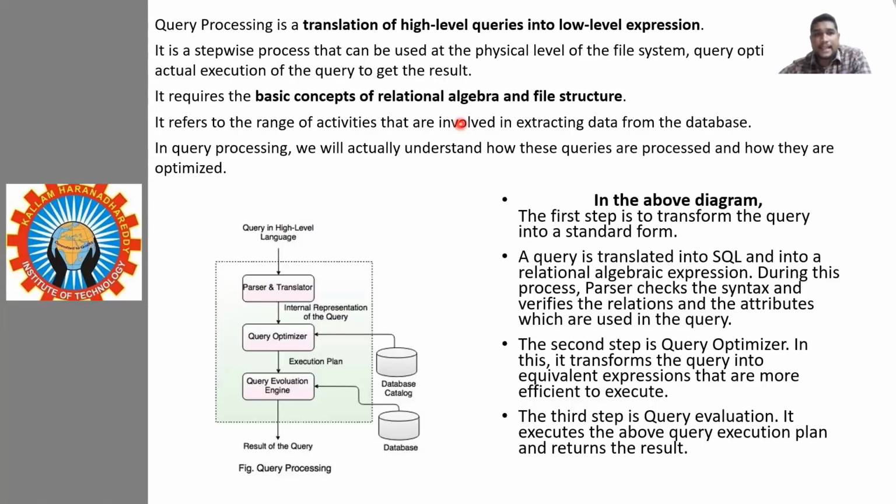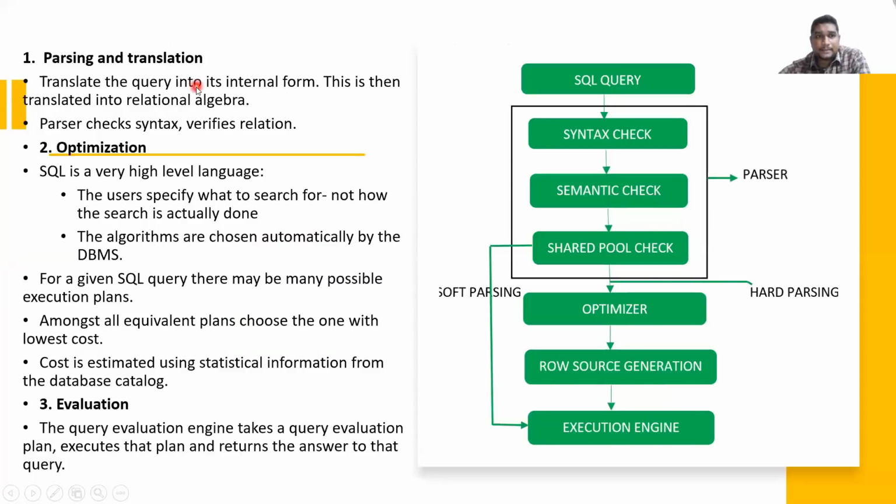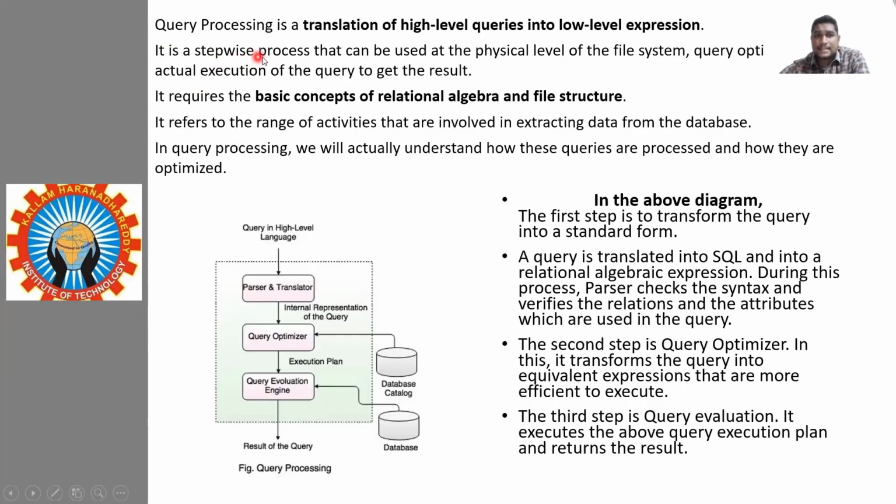It is a stepwise process that can be used at the physical level of the file system, for query optimization and actual execution of the query to get the result.